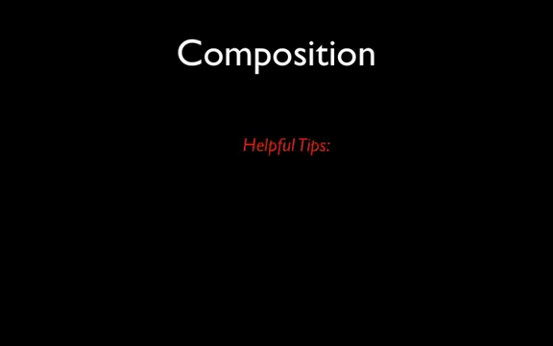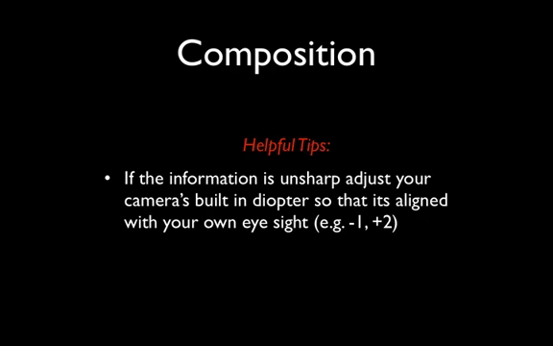They may not be very sharp. So if that's the case, what you can do is, usually on the back of the camera, kind of around the edge of the viewfinder, sometimes on the left or the right side, sometimes on the top, there's a little slider that you can move, and that's a diopter adjustment to literally adjust the optics in the viewfinder to your own eyesight.